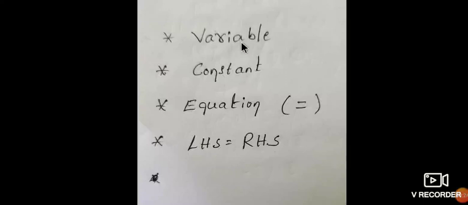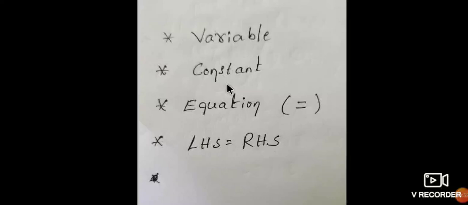Variables are indicated by small letter alphabets that may be a, b, c, x, y, z. That's your choice. Those are all called variables. And also the value of a variable does not remain the same. That means it must vary. And constant means the value does not change.